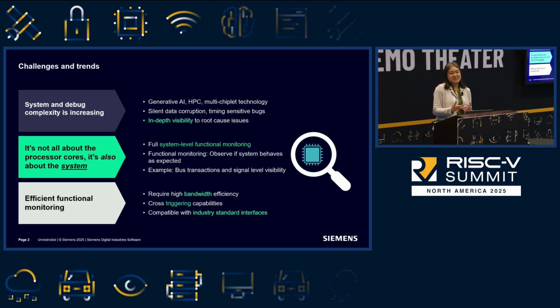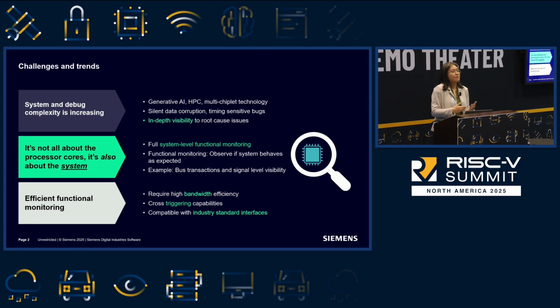But with functional monitoring, one question you might have is, I have all this data, I'm monitoring and gathering all this data about my system behavior. That is going to be a lot and that's going to take up bandwidth. So this is where efficient functional monitoring is important. You need to think about steps to mitigate that high bandwidth issue with functional monitoring data.